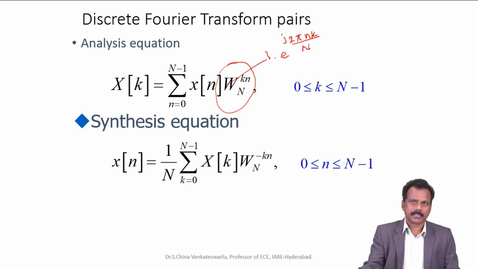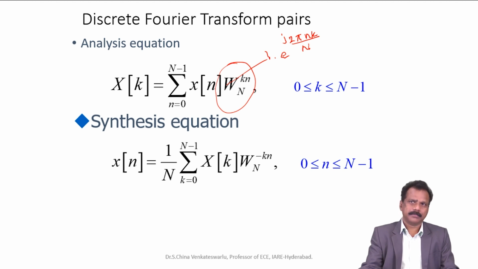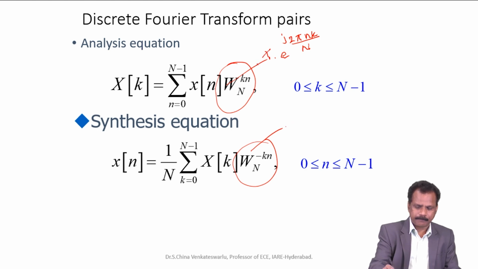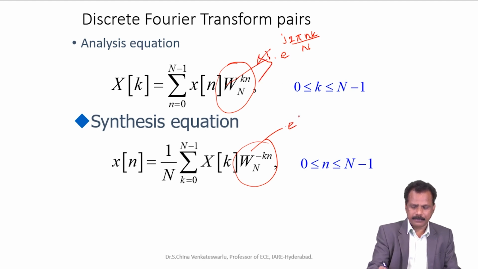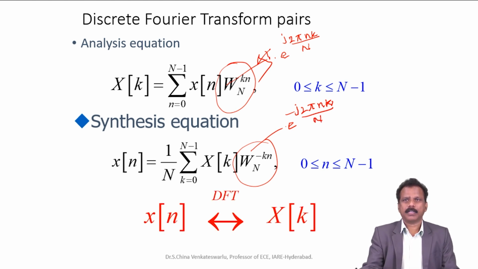For the synthesis equation, x of n is equal to 1 by N, the summation k equal to 0 to N minus 1, x of k into the twiddle factor W N to the power minus kn. That means here this twiddle factor is e power j 2 pi nk by capital N.